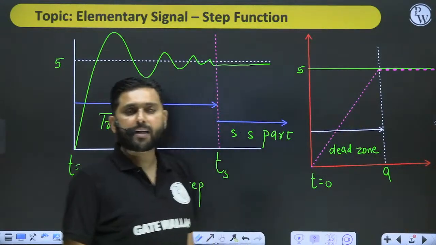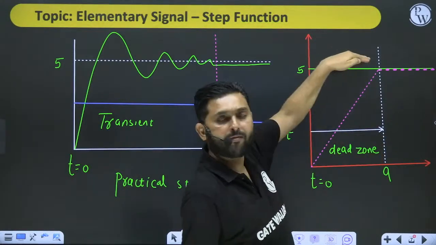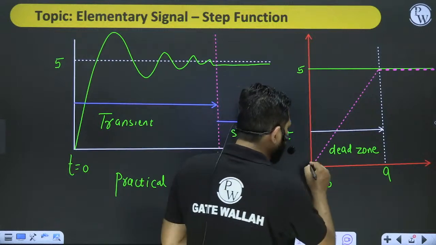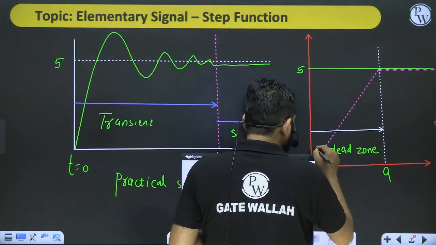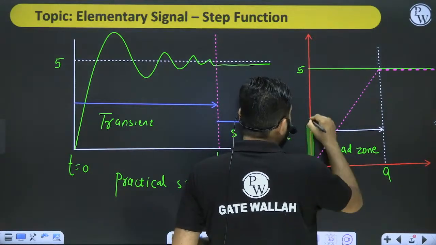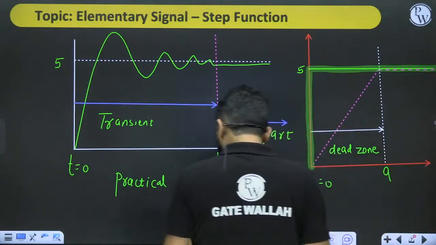What is the meaning of dead zone? This much time is required to reach its final value. This is the practical step, and this is the ideal step.